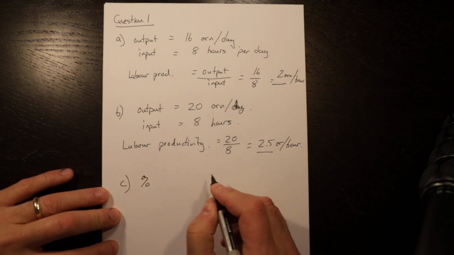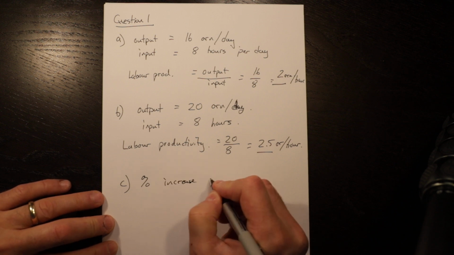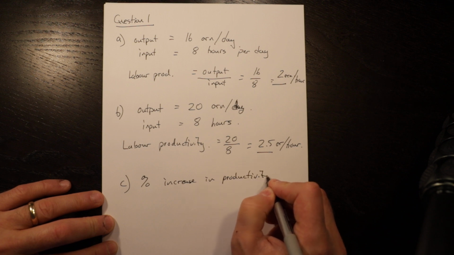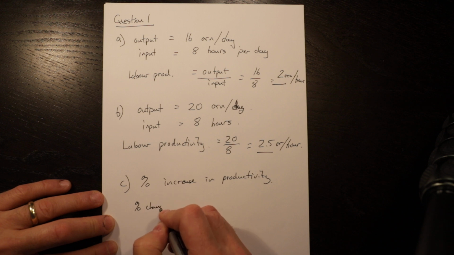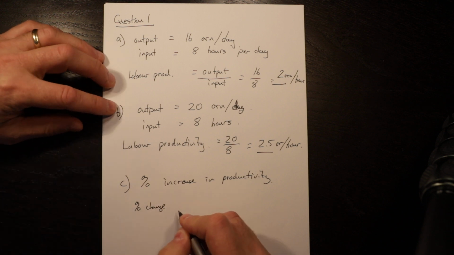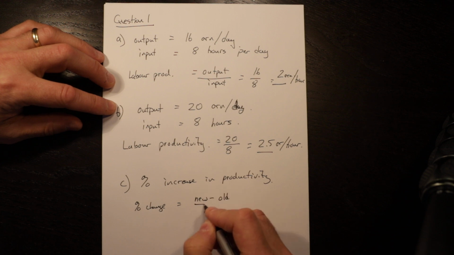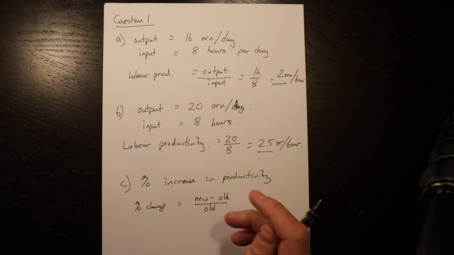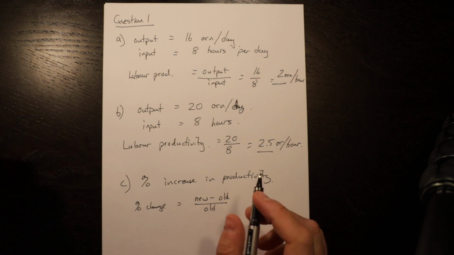So then let's look at percentage increase in productivity. Percentage change is equal to new minus old divided by old. This is a mistake that students frequently make. You make the percentage change from your starting point, and that's how you calculate it.